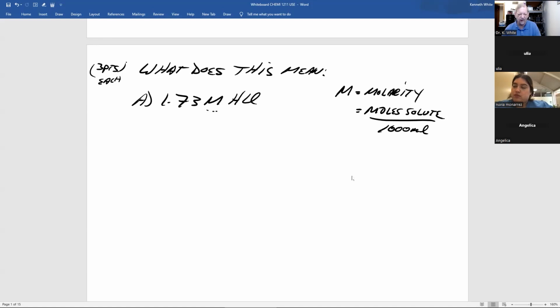And therefore, what does this mean? 1.73 moles of hydrochloric acid, HCl, per 1,000 milliliters. I'm going to let you have one.